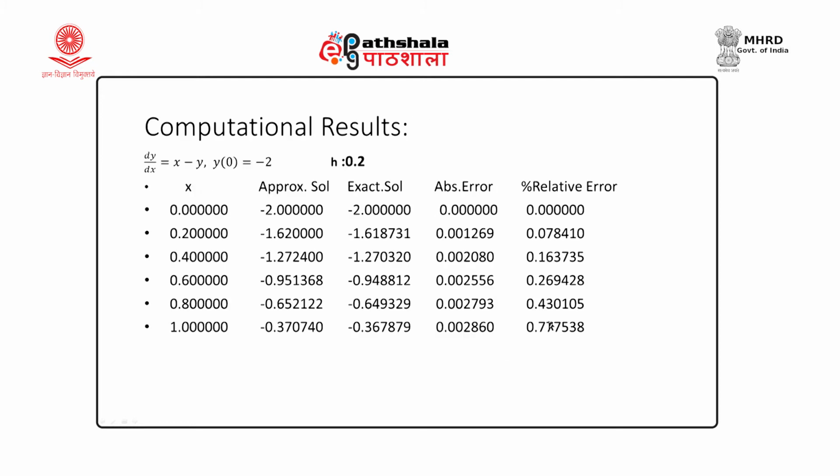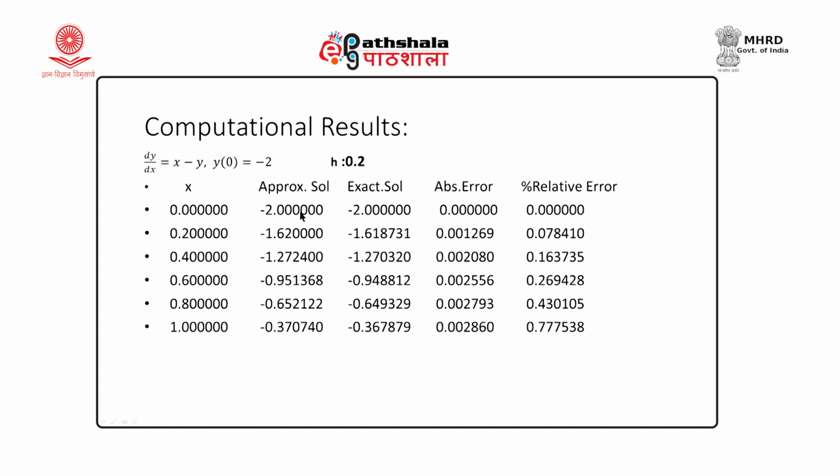So, step size h equal to 0.2. We begin with x0, and h is 0.2. So, x1 is 0.2, x2 is 0.4, x3 is 0.6, x4 is 0.8, x5 is 1. Exact solutions have been calculated from the expression x minus e raised to x minus 1.